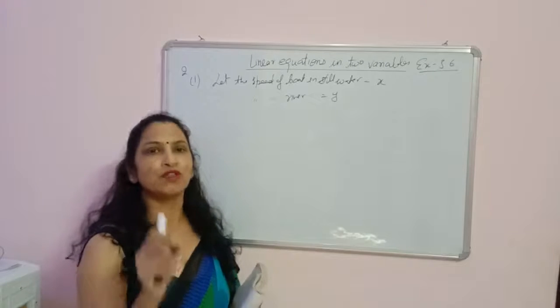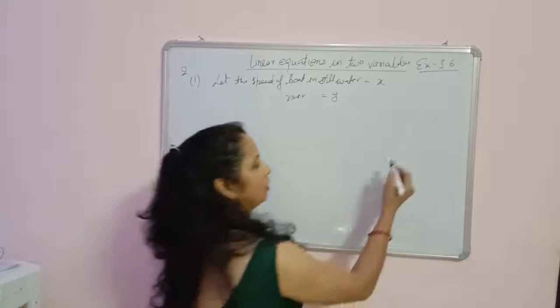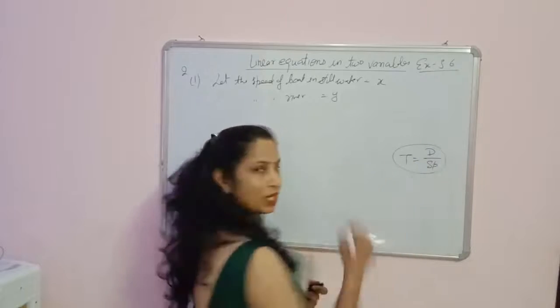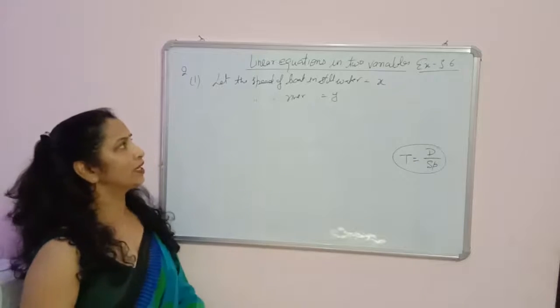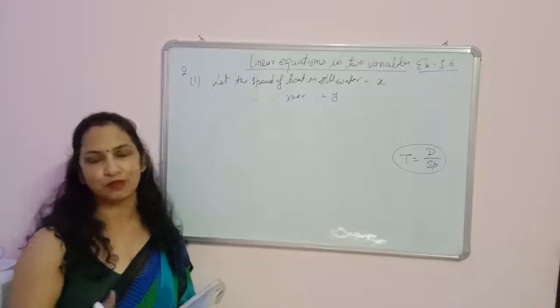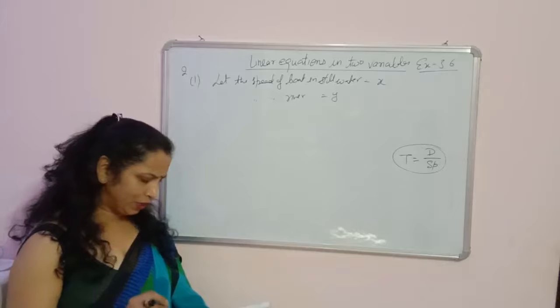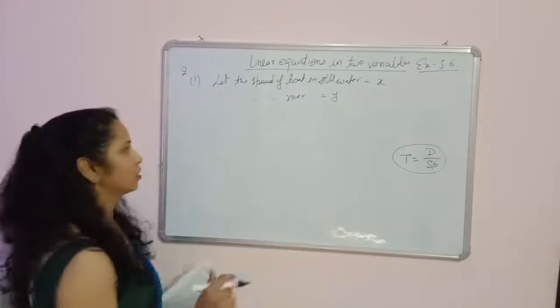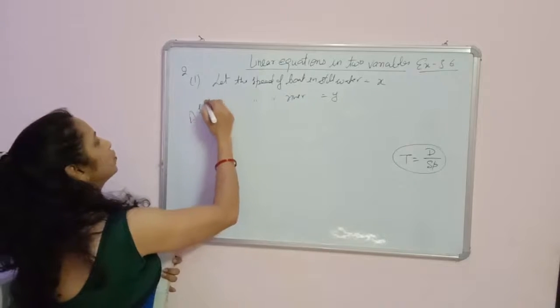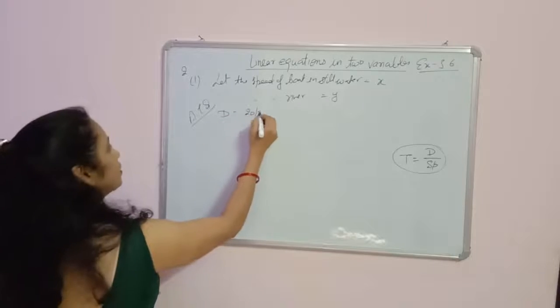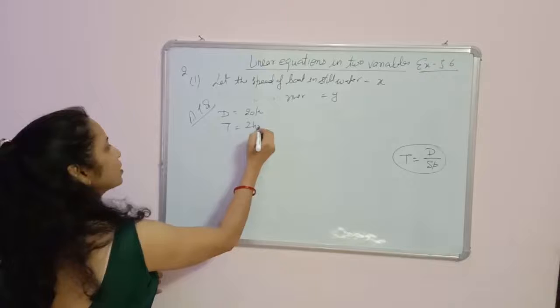In these types of questions we always find the time. Time is equal to distance upon speed. So in these upstream downstream questions, we always find the time. So Ritu can row downstream 20 km in 2 hours. So according to the question, the distance is 20 km and the time is 2 hours.